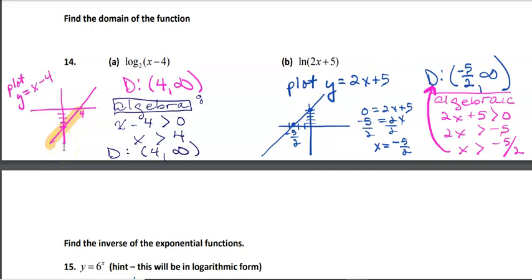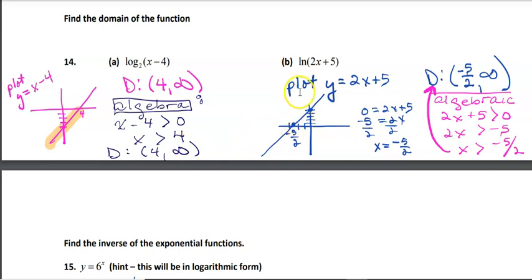So what x's give me y's that are positive? Well, I start at 4. I can't equal 4. That's why I have the paren, and I go to infinity. So whether I do it by plotting or by figuring out the inequality, in either way, I will get 4 to infinity as being my domain.